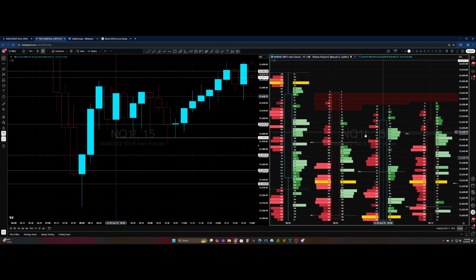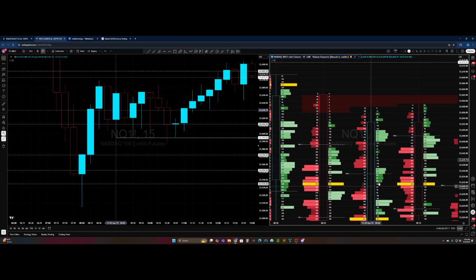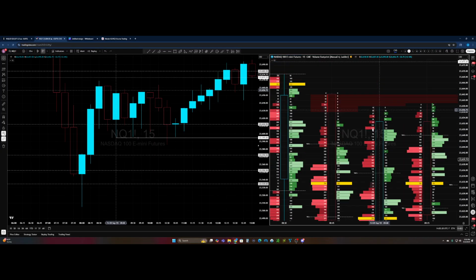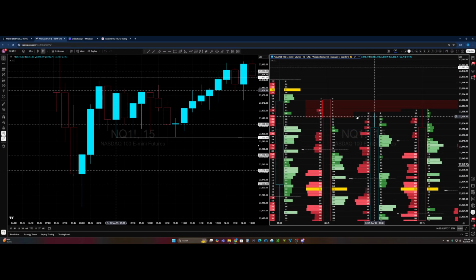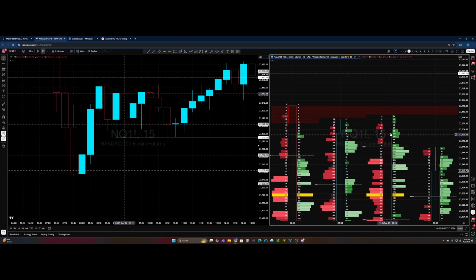Now, when you have a sell imbalance like we have here, you see that we actually try to retest it, and look what happened. Part of the liquidity disappeared. I think about it like the buyers ate up this liquidity. Buyers took it back up and ate up a bit more liquidity.